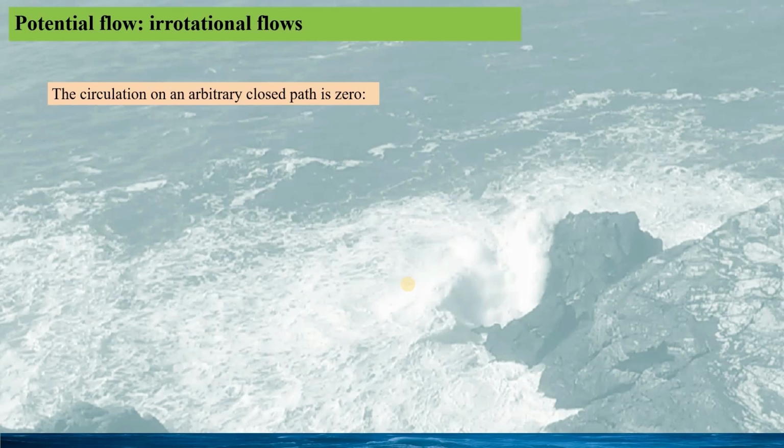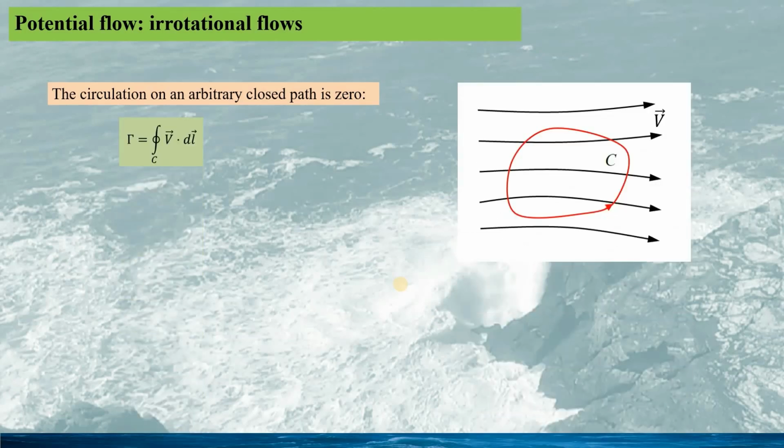So we might ask the question, what is an irrotational flow? The definition of an irrotational flow is that the circulation of the fluid velocity vector v on an arbitrary closed path line is 0.